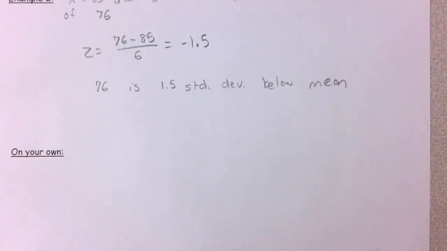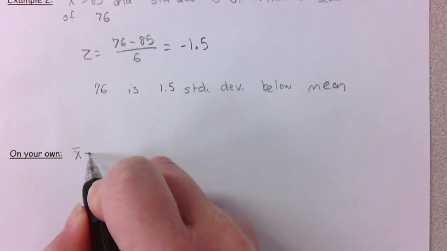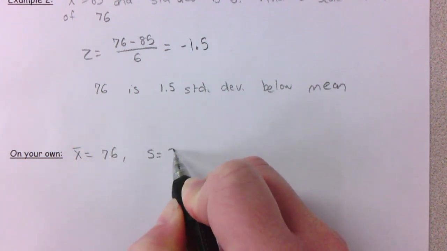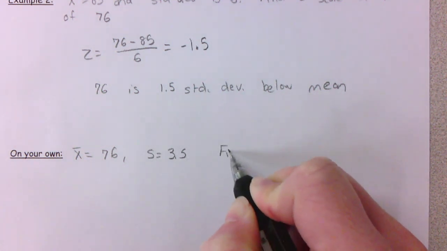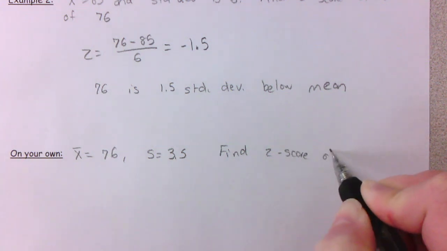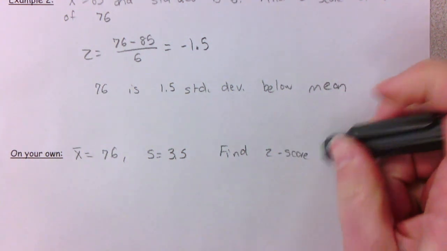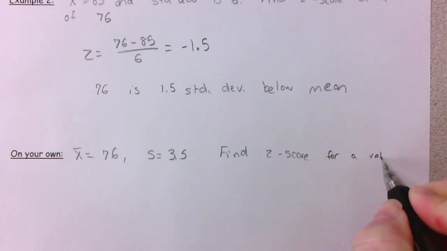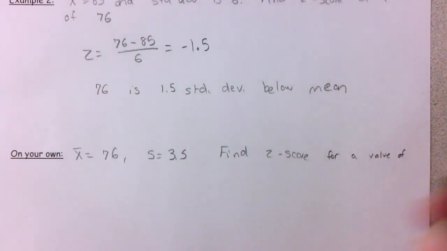Okay, so last example: the mean is going to be 76, the standard deviation is 3.5. Find a z-score for a value of 84.